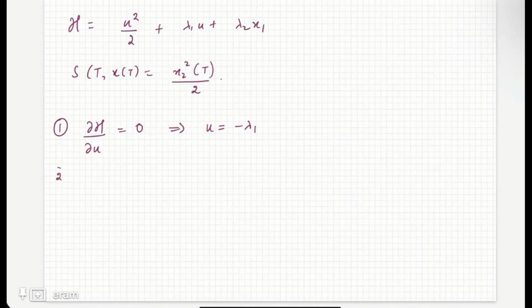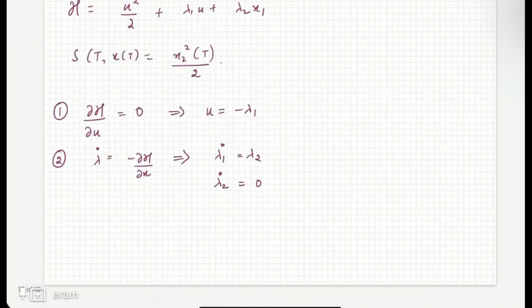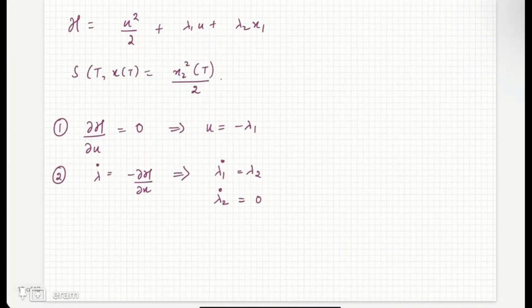And for lambda dot equals minus del H by del x, with respect to x1 this would give us lambda 1 dot equals lambda 2, and with respect to x2, lambda 2 dot would be 0. Now we have everything. Since lambda 2 dot is 0, lambda 2 t must be a constant.